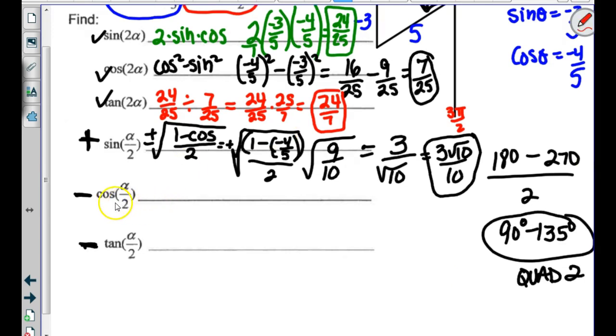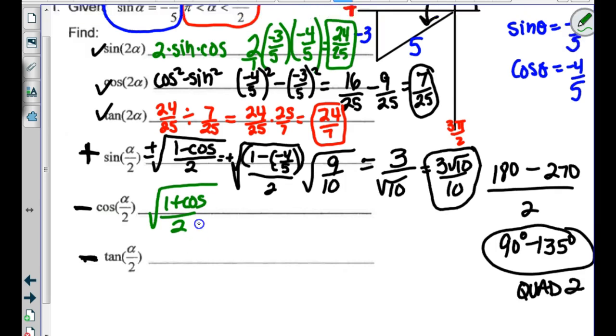What is the formula for cosine alpha over 2? Can you find that on your sheet? It's plus or minus the square root of 1 plus cosine over 2. Is that right? Now, the plus or minus we took care of yesterday, and I'm going to go back over why we did that.